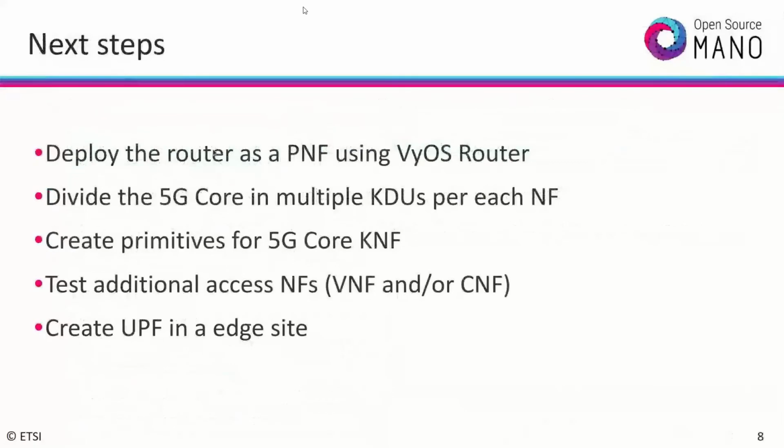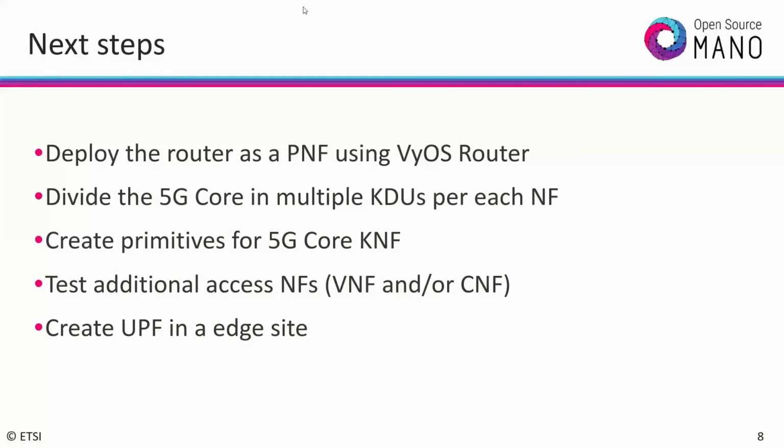So the next steps, we're going to deploy the router. As I mentioned in the architecture, there's a router. Currently, it's not configured from OSM. We're going to do that in the next step. And we're going to use a VyOS router. Also, we're going to divide the 5G core in multiple KDUs, one per NF.